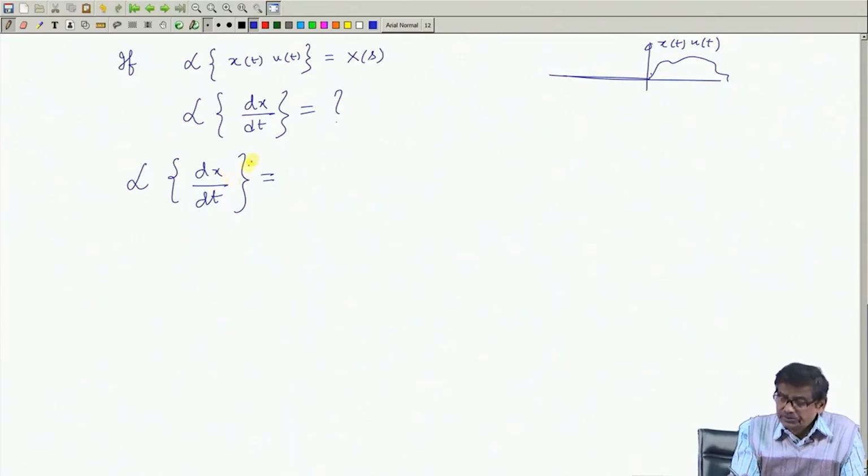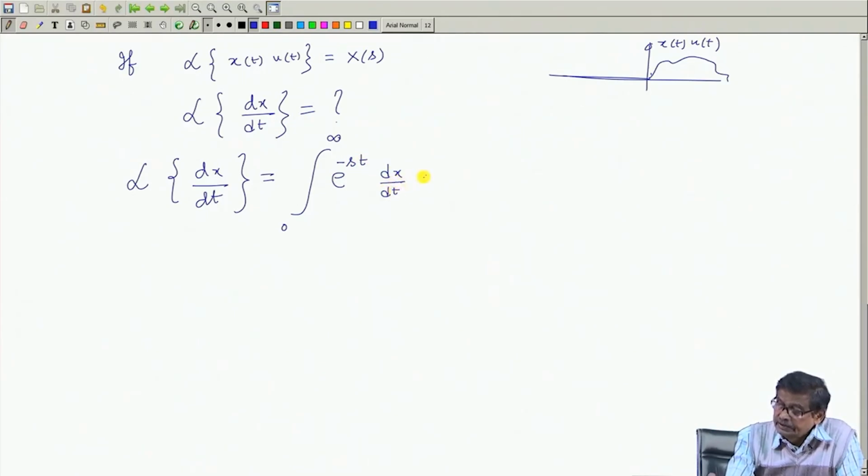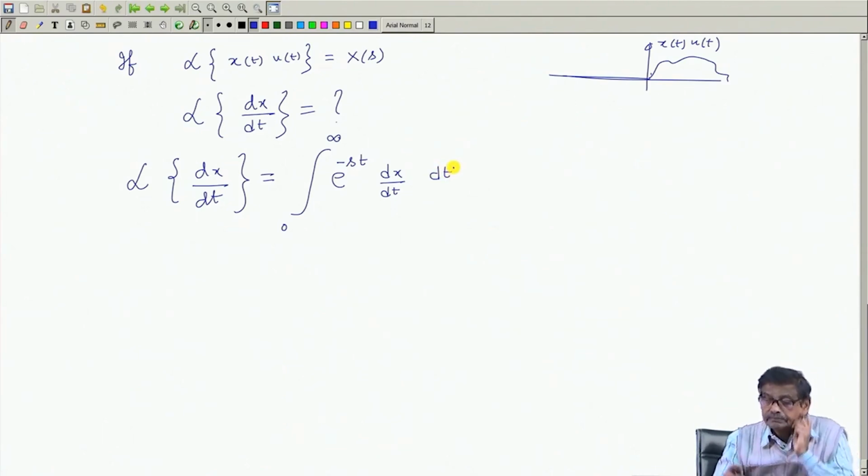into u(t). u(t) is ensured here, because x(t)u(t), that is what I told. So, dx/dt will be 0 for t less than 0. It will be equal to this integration, you have to calculate 0 to infinity e to the power minus st into the function, that is dx/dt, into dt. Is it not? Laplace transform of dx/dt I want to find out.